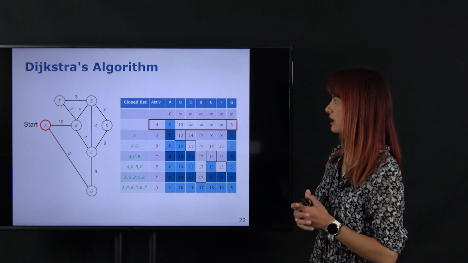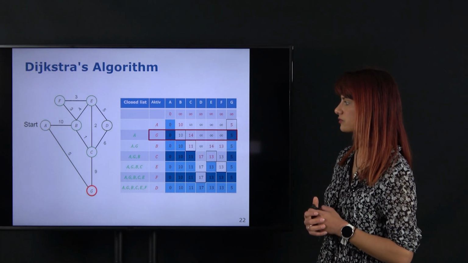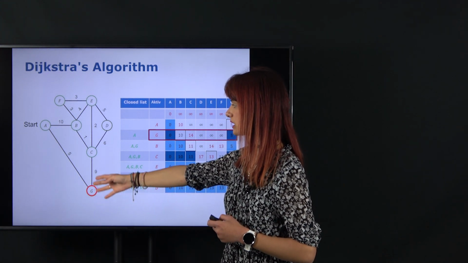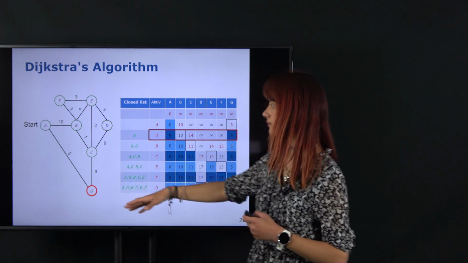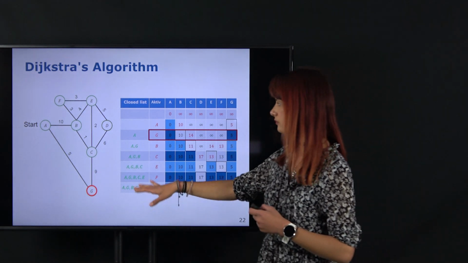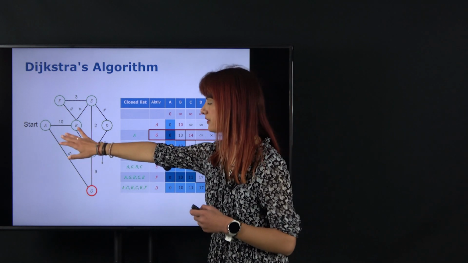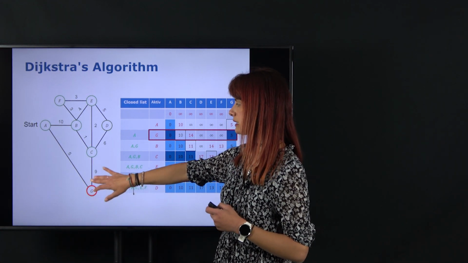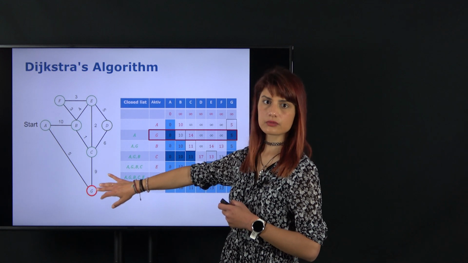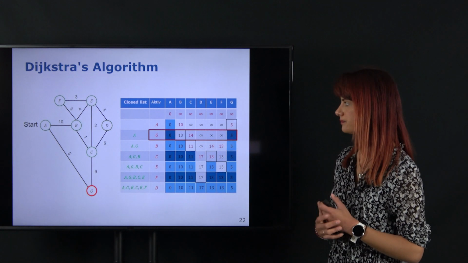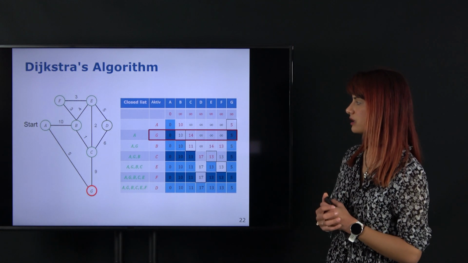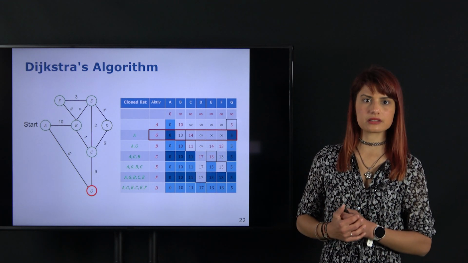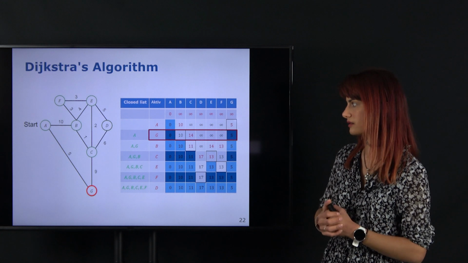From 10 and 5, it's obviously 5, so the next node we go for is G. Expanding G, we can add C now to our table, and the accumulated cost will be 5 that it took to get from A to G, and the 9 that it took to get from G to C, so 14. Now this becomes a new node that has a possibility of being expanded, so a new node in our open list.